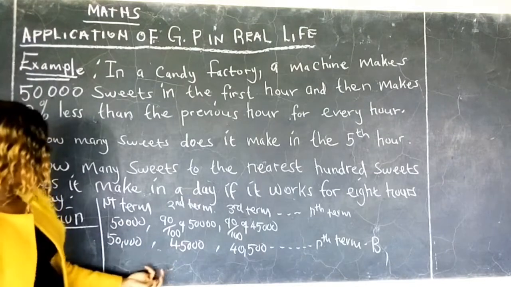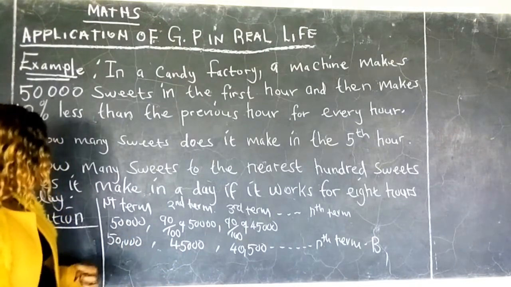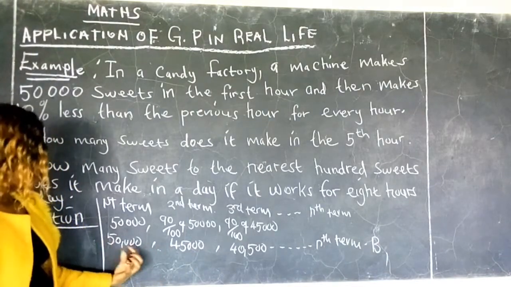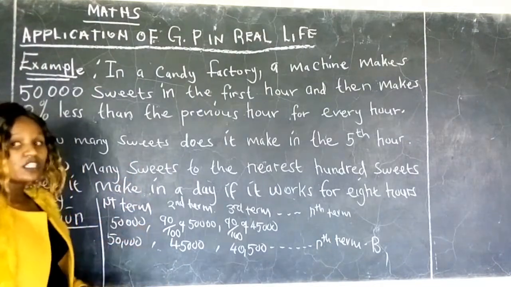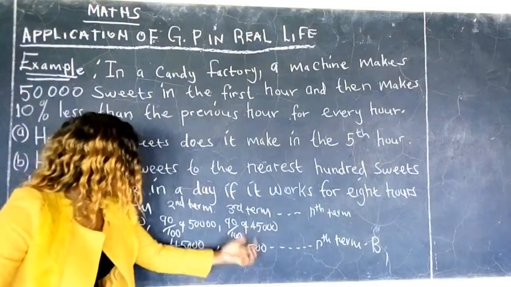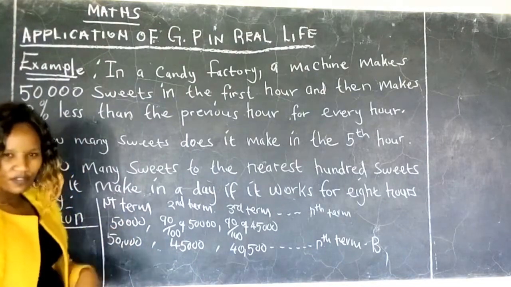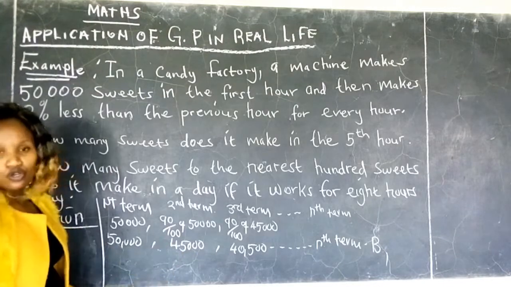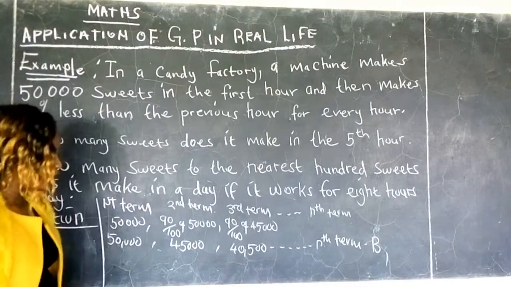So the common difference shall be 45,000 minus 50,000. If we do the calculation, we shall get negative 5,000. Let's confirm whether we will get the same D, because it must be a common difference. When we get 40,500 subtract 45,000, then we are not going to get negative 5,000. So in that case, it is not an AP, it is not an arithmetic sequence.